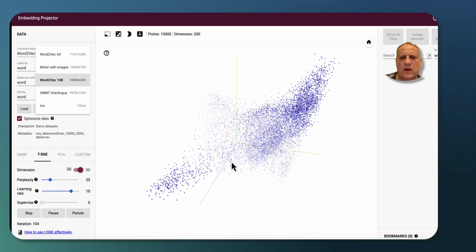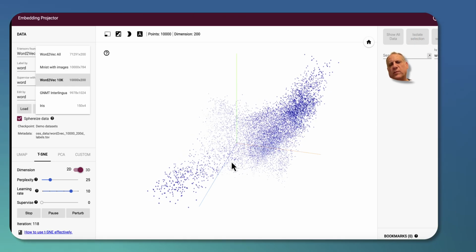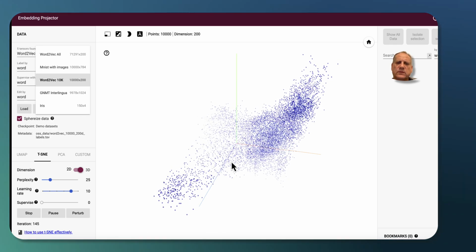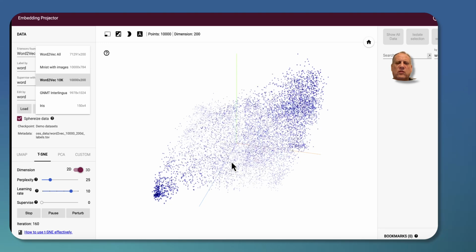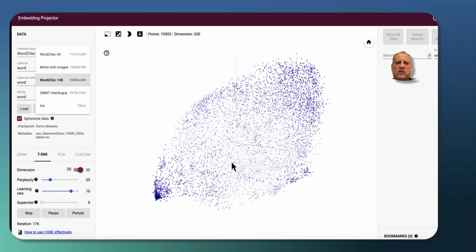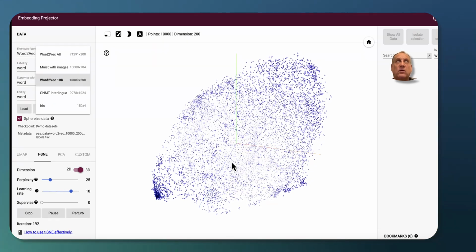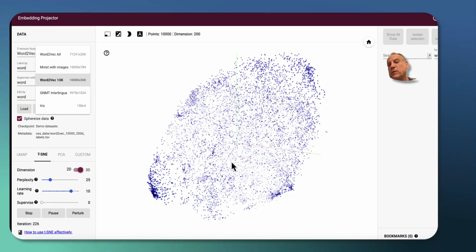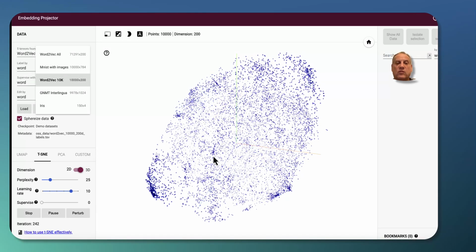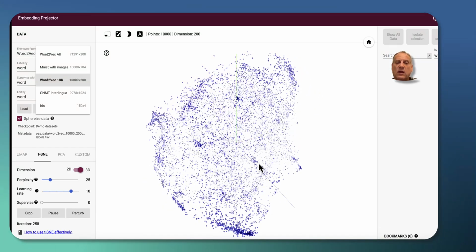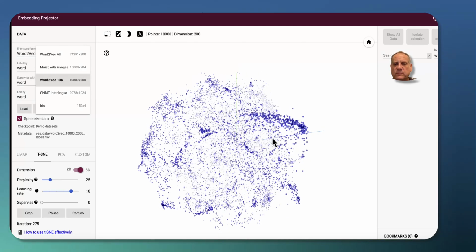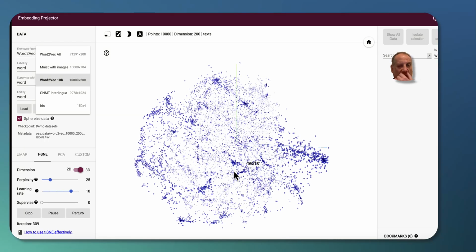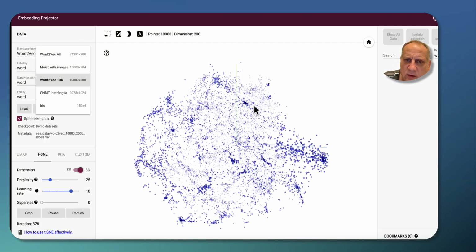So what you're seeing here is a visualization of this 200 dimensional space where these words live after running the Word2Vec algorithm. t-SNE is a good visualization that will keep words that are close together in the 200 dimensional space close together in 3D so that you can understand them better. And you see it's kind of clumpy, right? In this 200 dimensional space, these clumps are words that are close together.